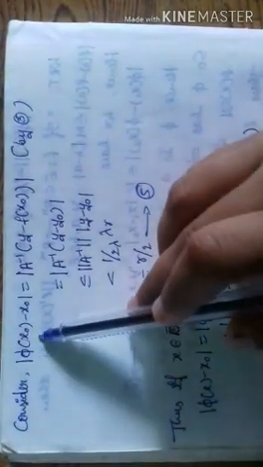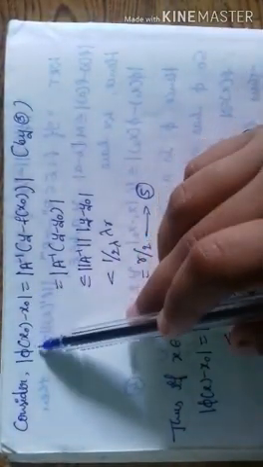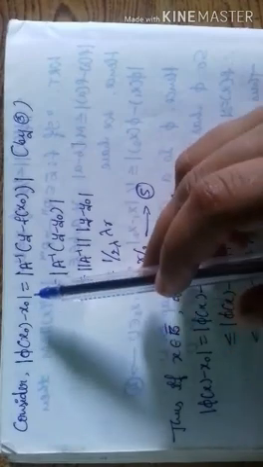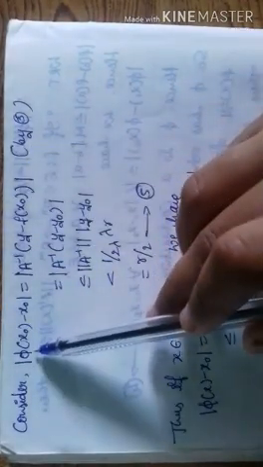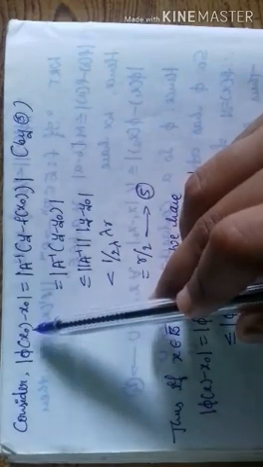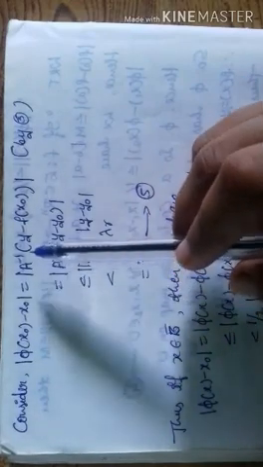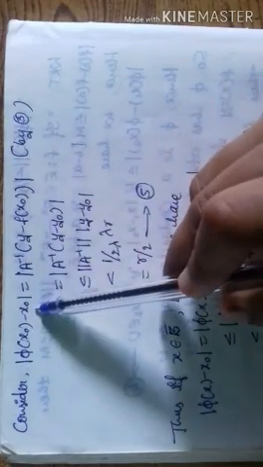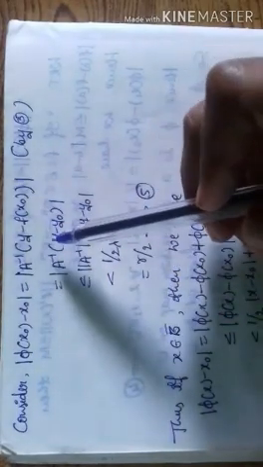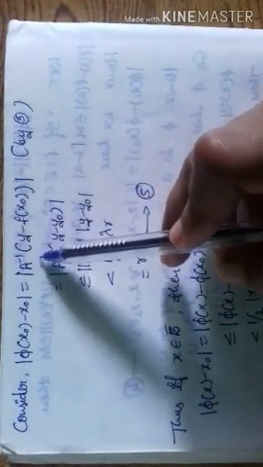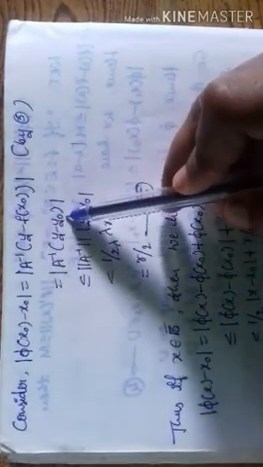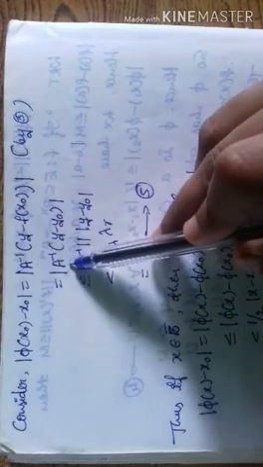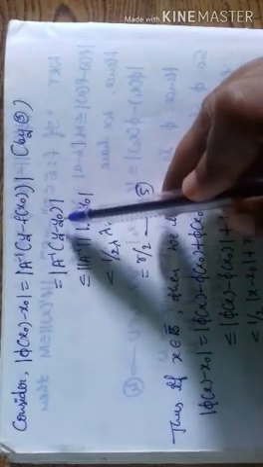If mod y minus y0 is less than lambda r, consider mod pi of x0 minus x0. We know that pi of x is equal to x plus A inverse of y minus f of x. Similarly, pi of x0 is x0 plus A inverse of y minus f of x0, minus x0; x0 cancels, and the remaining is this. Again, we know that f of x0 is y0. This is equal to mod A inverse of y minus y0.